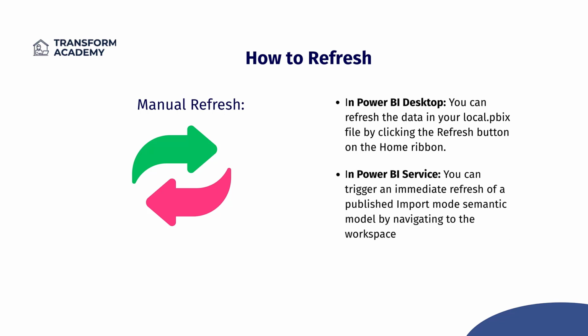In Power BI service, you can trigger an immediate refresh of a published import mode semantic model by navigating to the workspace, finding the semantic model, and selecting the refresh now icon. This does not update the data used by reports and dashboards based on that model.